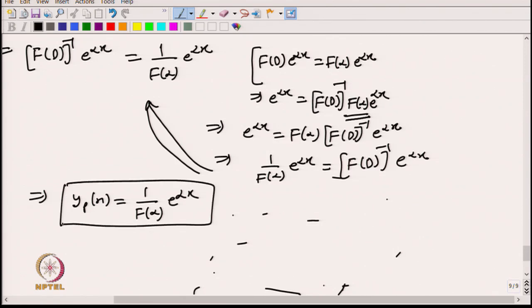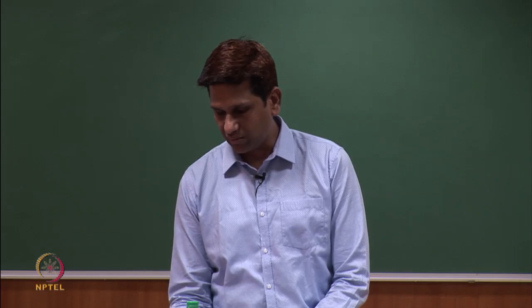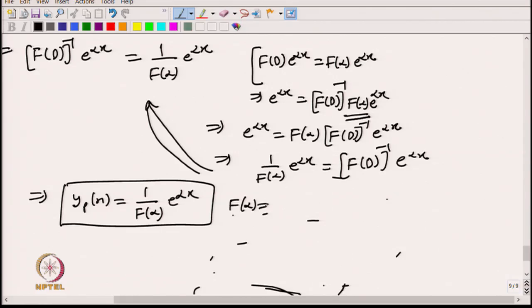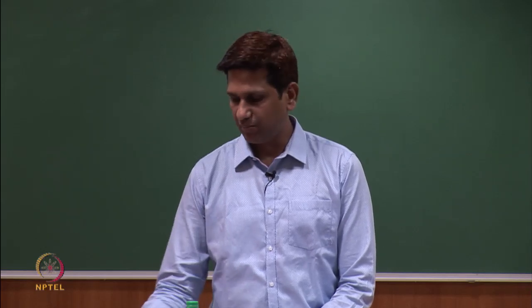So, what do we do in this case? Whatever the power of e raised to power alpha x is, put the value of alpha in the linear operator, and we are assuming that f of alpha is not equal to 0. This is my condition, and then this will be my particular solution.